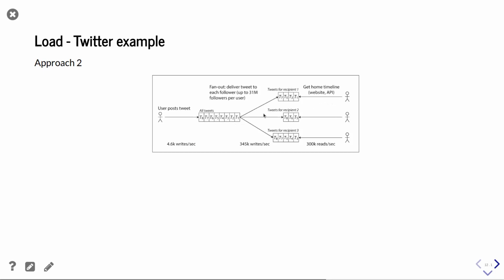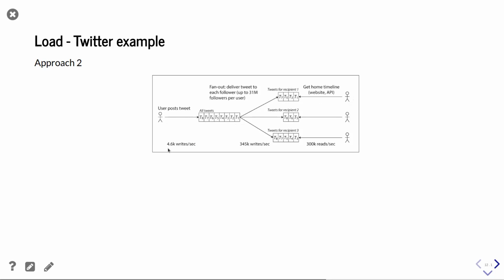Each user has a cache for their timeline, and their timeline is computed ahead of time before they log in. So when this user posts, it is sent to all of their followers: follower 1, follower 2, follower 3.